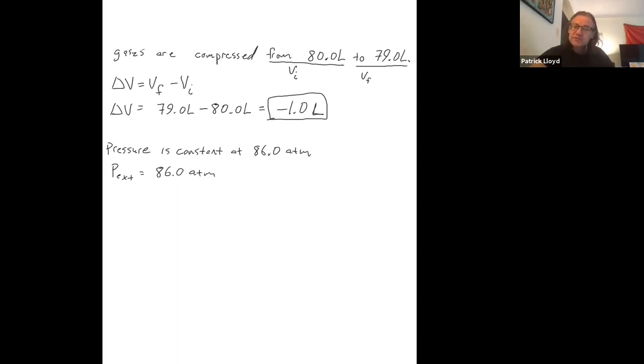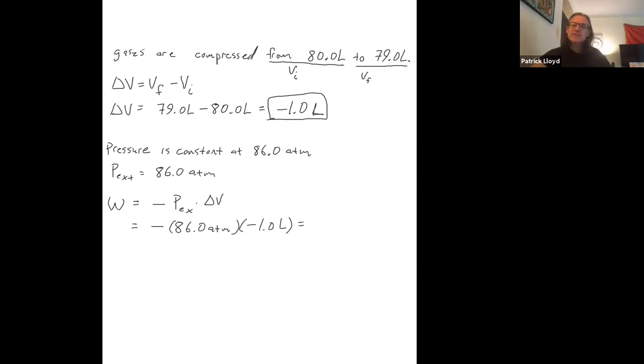Now we have enough information to solve this problem. The amount of mechanical work is negative P external times delta V. So that would be negative 86.0 atmospheres times negative 1.0 liters.